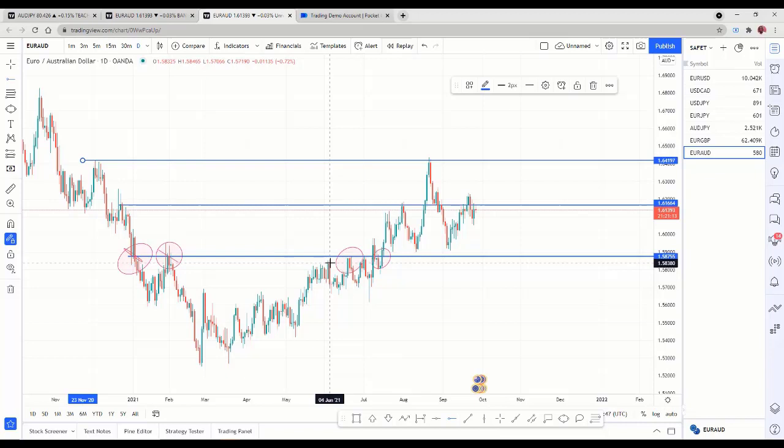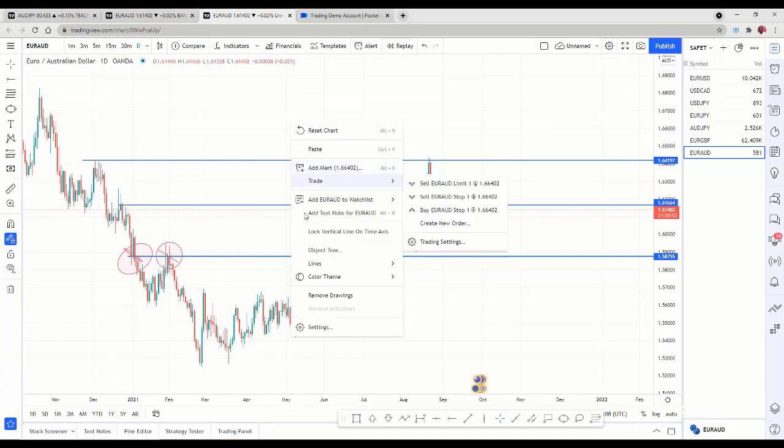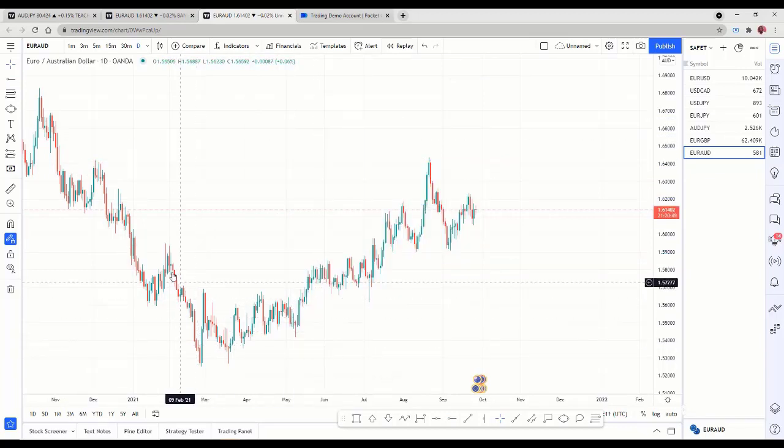What are those things to look out for when drawing our support and resistance lines? It's very important too. The first thing we need to be looking out for is the highest and the lowest points at some given point in time.